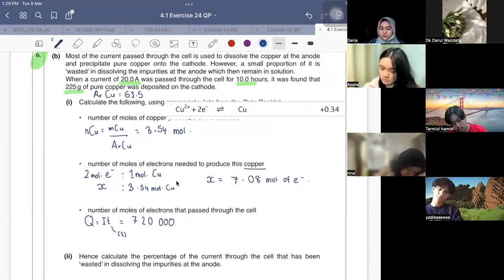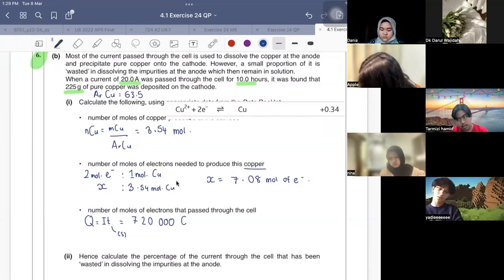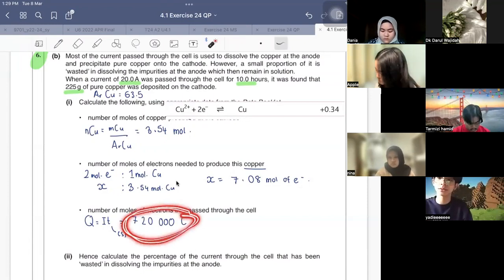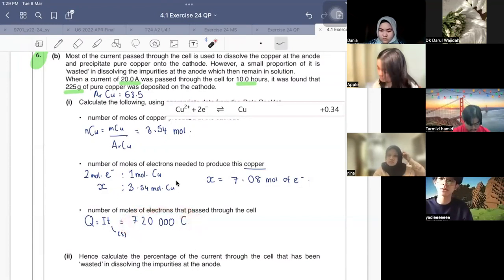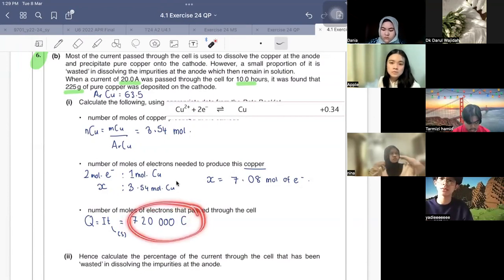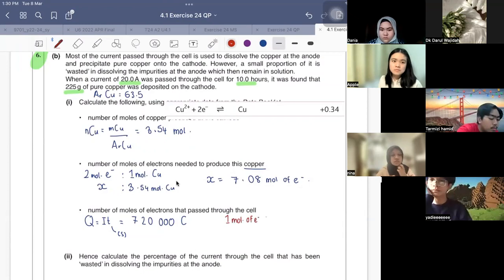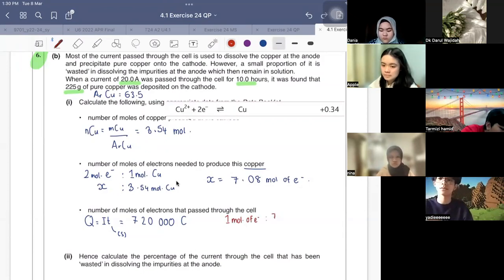Okay. So we are going to compare, or we want to quantify this charge into moles of electrons. How many moles of electrons would give us this charge? Okay. Here's one concept that you need to remember. In 1 mole of electrons, there is how many coulombs?